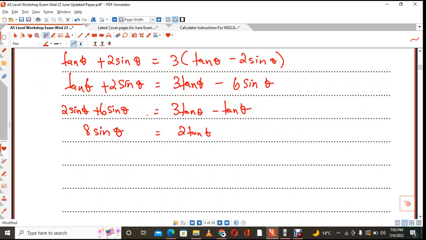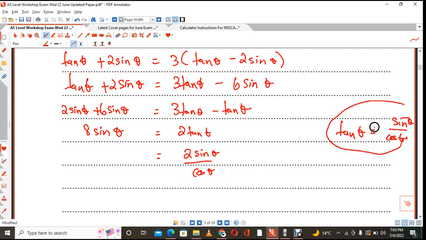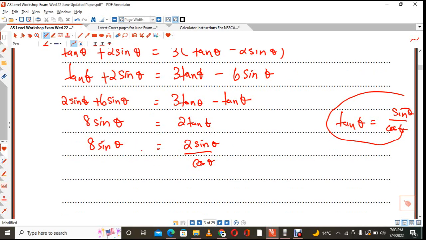All right, so I don't want a sin and a tan. So what I'll do is, I know that tan theta is the same as sin theta over cos theta. You should know this fact, right? So this is 8 sin theta.